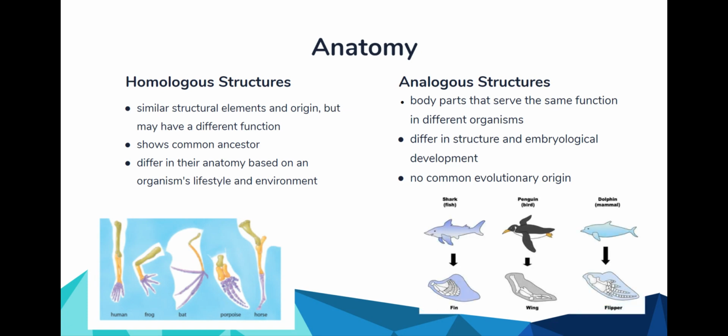So think of a shark, a penguin, and a dolphin. All of them have fins of some shape and form. A shark is a fish, a penguin is a bird, a dolphin is a mammal. What they want to say is, do they have a common ancestor? They all have fins of some shape or form. Do they have a common ancestor? When we look at the bones of a shark, a penguin, and a dolphin, we can see that their fin bones are actually vastly different, and there is no relationship there.